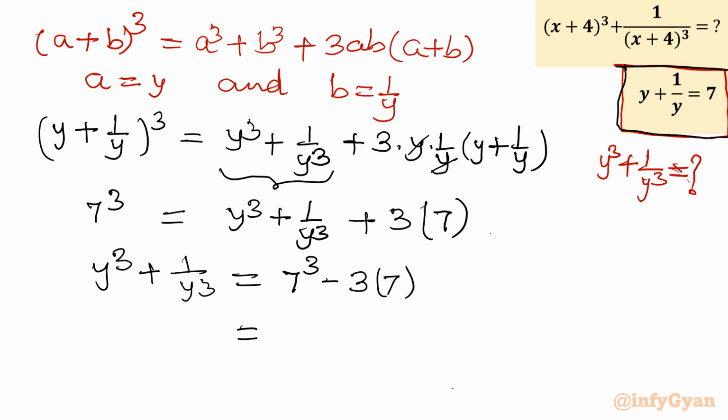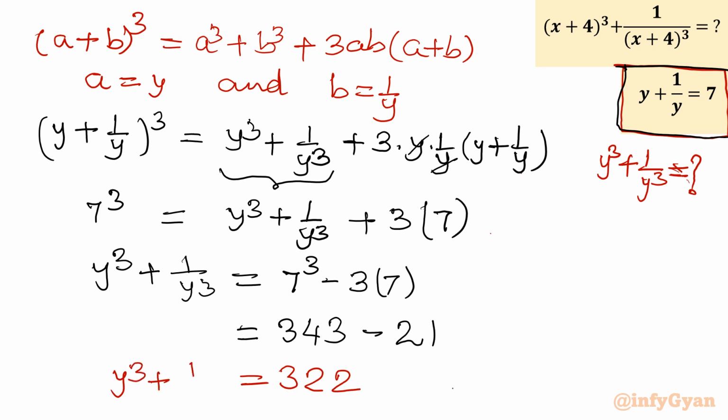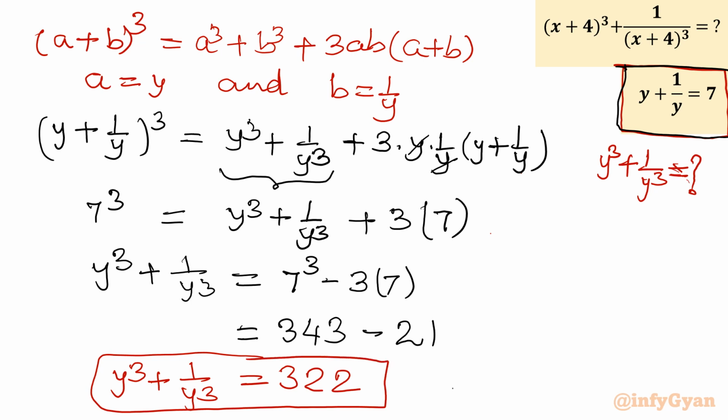What is 7 cube? 49 times 7, 343, minus 21. So our answer will be 343 minus 21. It is 322. And the LHS is our required expression value. So this is how you will find the answer for this simplification.